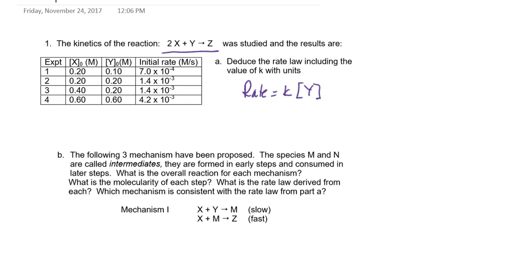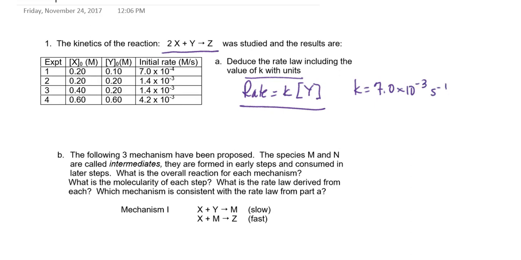But basically, the rate law for this reaction should be k times the concentration of Y. They also ask us to calculate the rate constant once we've found the rate law. Again, I'll leave it to you to verify as additional practice, but the rate constant should be 7.0 times 10 to the negative third inverse seconds.